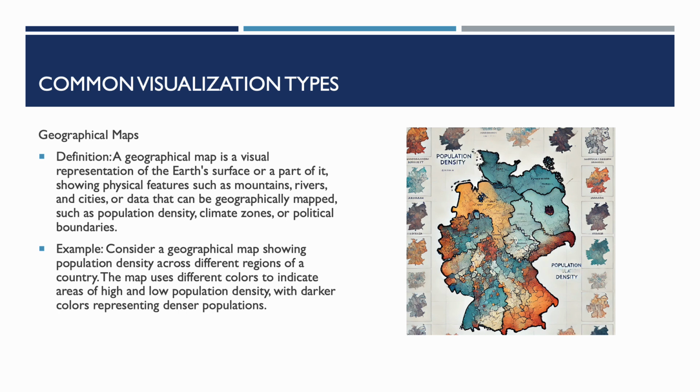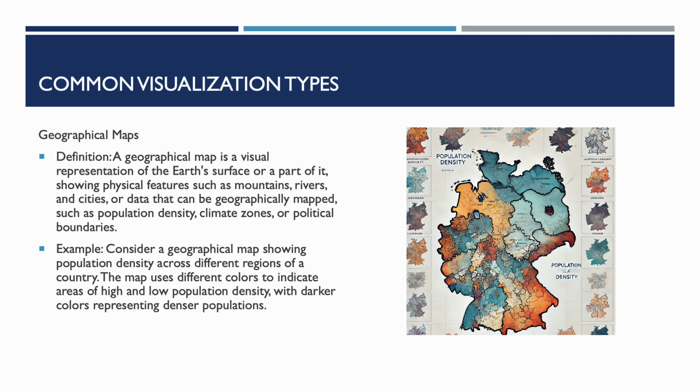So last, we have geographical maps, which are a visual representation of the Earth's surface or a part of it. It shows physical features such as mountains, rivers, and cities, or data that can be geographically mapped, such as population density, climate zones, or political boundaries.